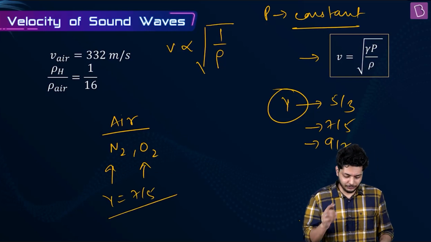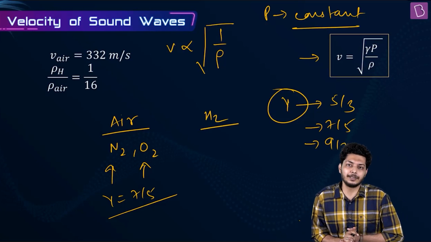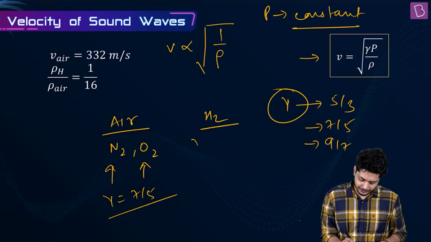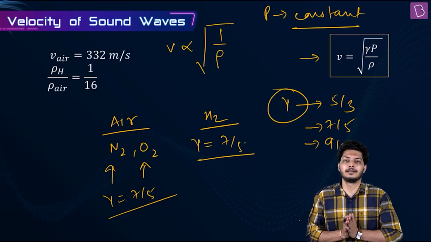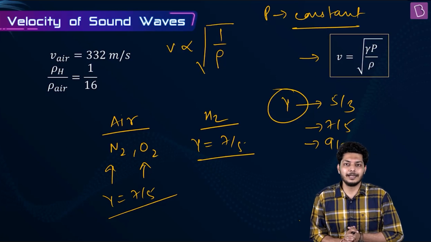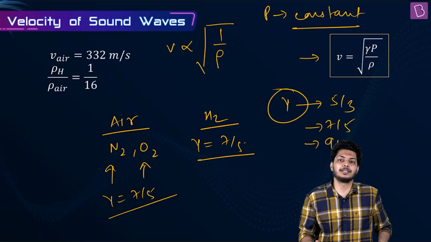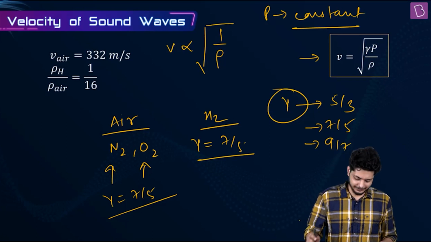Right? Now, coming to hydrogen gas, hydrogen is a diatomic gas. That is why gamma will be 7 by 5 for hydrogen as well. So, what you can conclude? Gamma is constant for both the situations given in the problem. Correct? Okay.